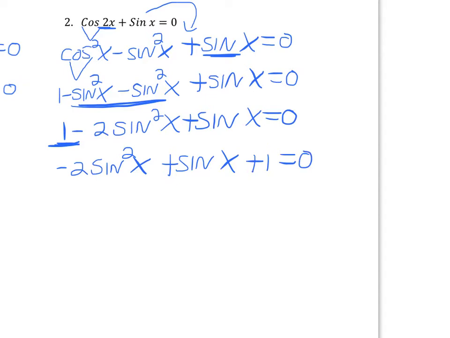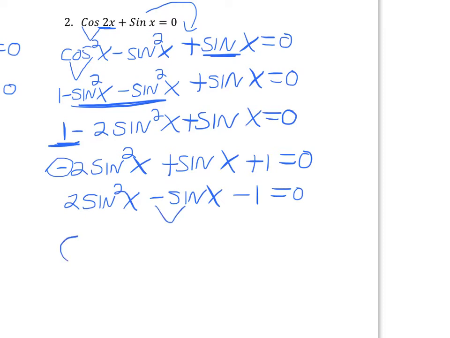So if you have a quadratic trinomial, I'm going to factor this into 2 binomials. But before I do this, I don't like that negative there. So we could pull out a negative and change the sign of all 3 terms. This becomes positive 2 sine squared of x, the plus sine of x changes to minus sine of x, and the plus 1 changes to minus 1. Now I'm good to go. I'm going to factor these into 2 binomials.